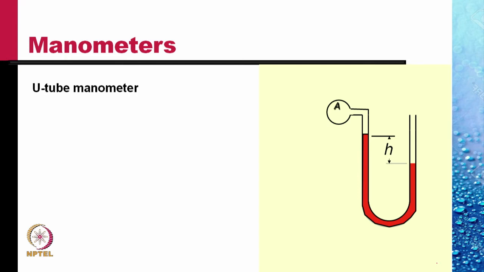In this case, in the picture shown, we have a bulb A which contains a gas and then a liquid column shown in red in a tube.